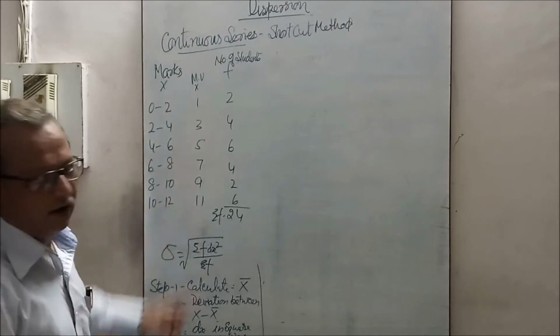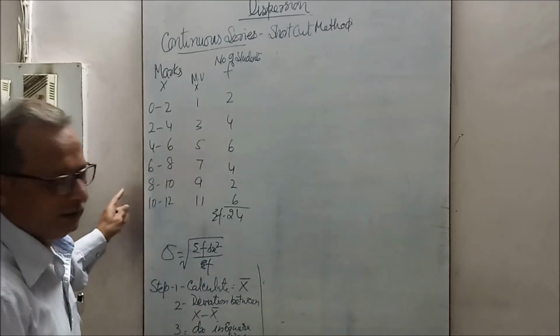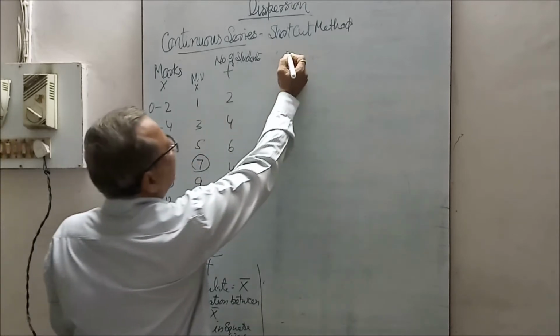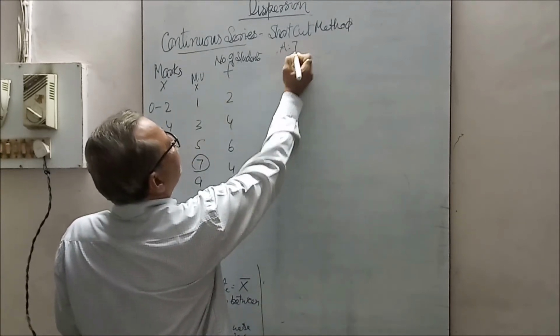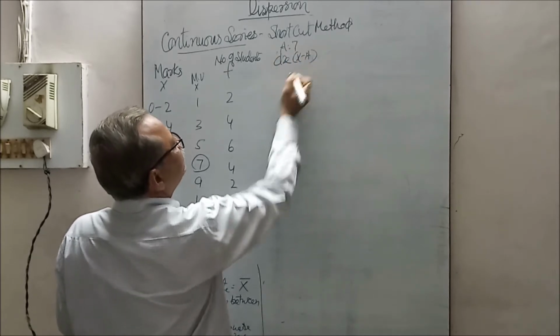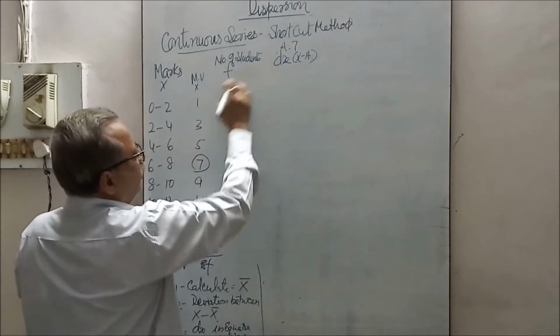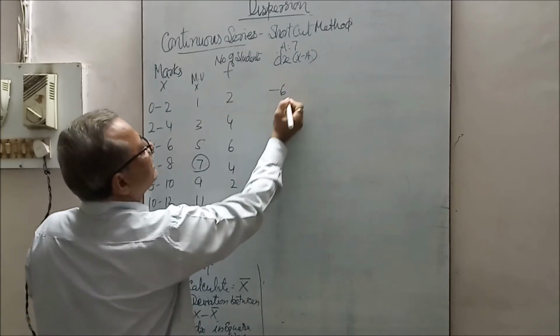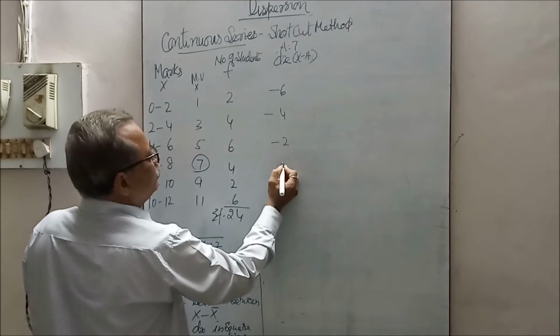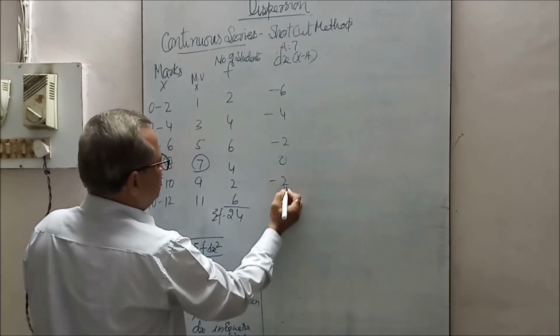So first of all, we will assume any item as the mean. Suppose 7 is taken as the mean. Assume mean is 7. We'll find dx, that is x minus a: minus 6, minus 4, minus 2, 0, 2, 4.